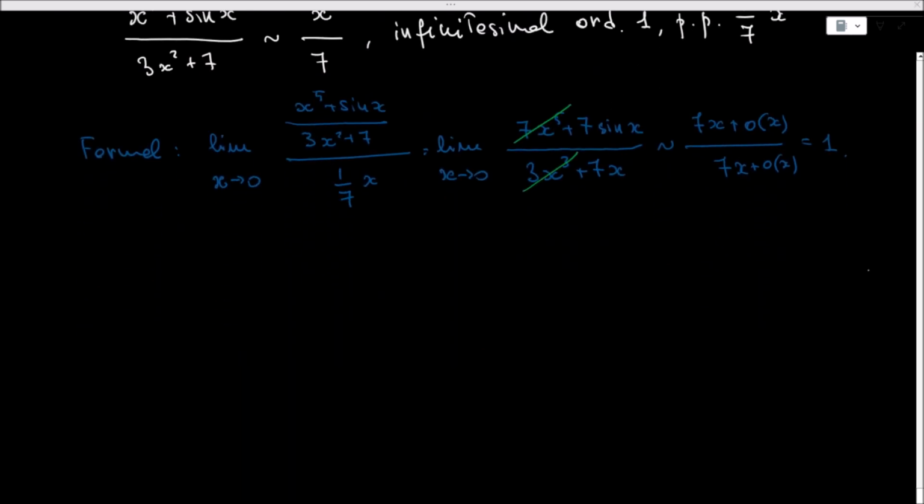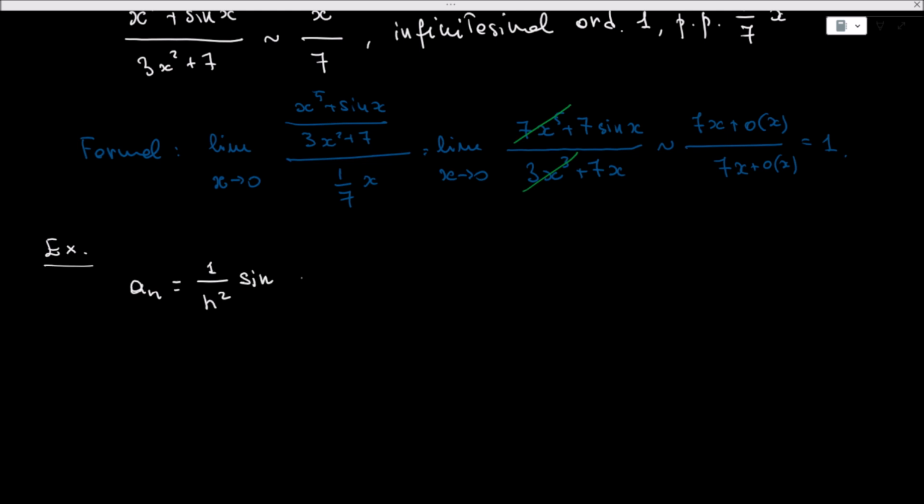Let's go back to sequences now, and let's consider this sequence a_n equal to 1 over n squared sine of 1 over n minus 1 over n hyperbolic sine of 1 over n squared.